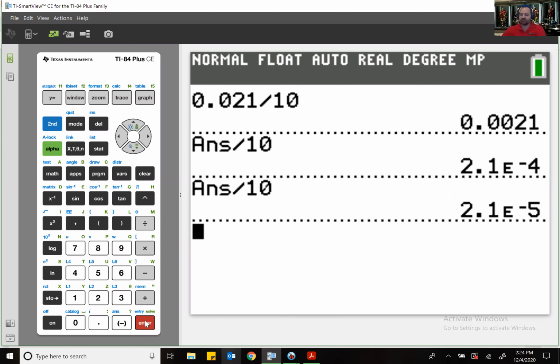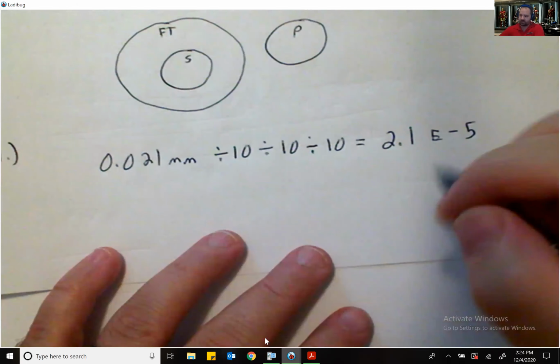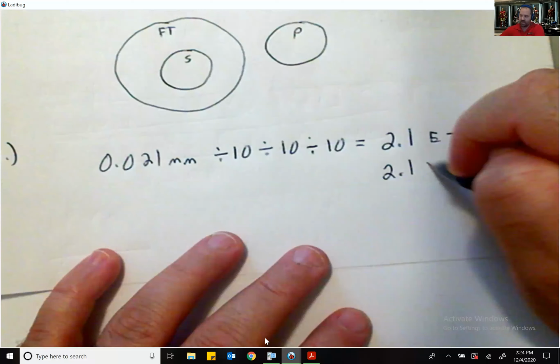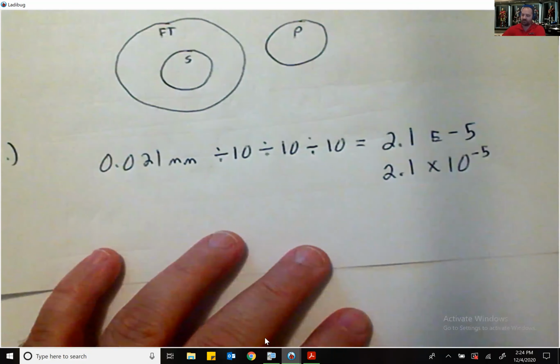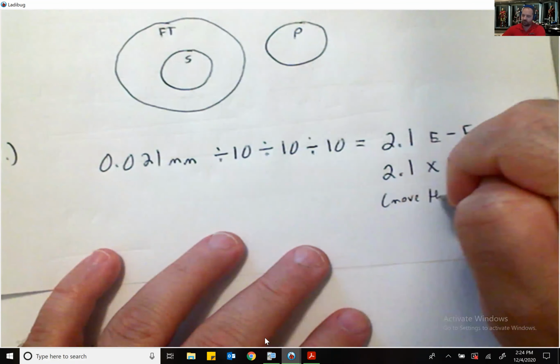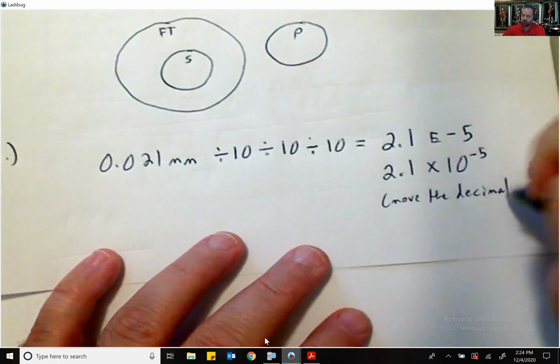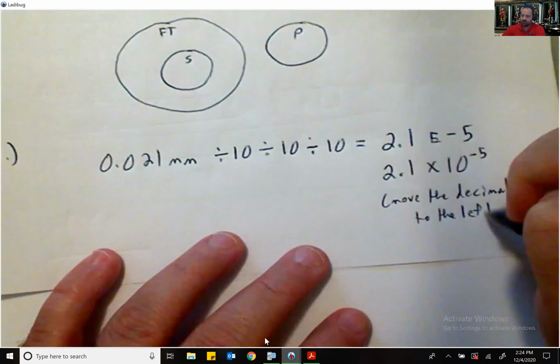You got it, because this is scientific notation. When you see 2.1 e to the negative 5, this means that it's 2.1 times 10 to the negative 5, which, just as you said, means that you need to move the decimal to the left 5 times.